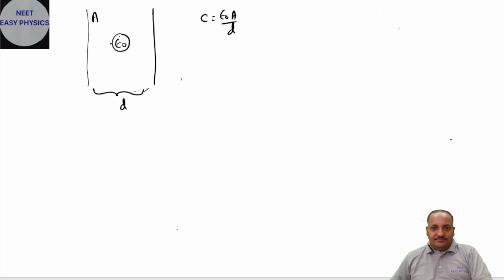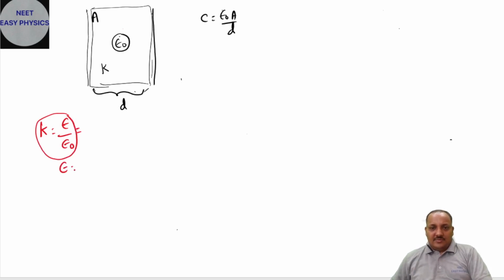If you take this entire medium to be occupied with a dielectric of dielectric constant K. What is the definition of dielectric constant? K is equal to, in electric charges and fields we said, epsilon by epsilon naught. Do you remember this one?